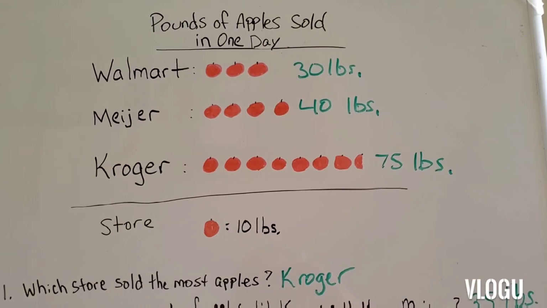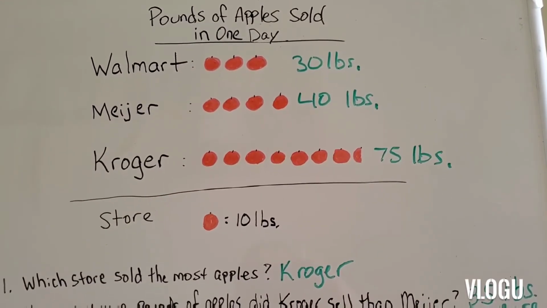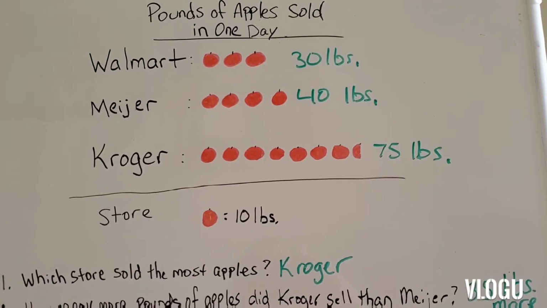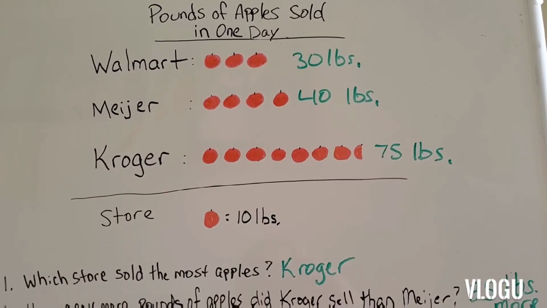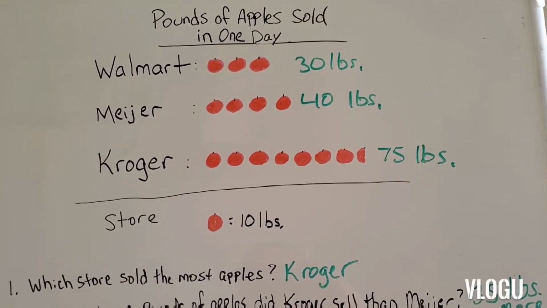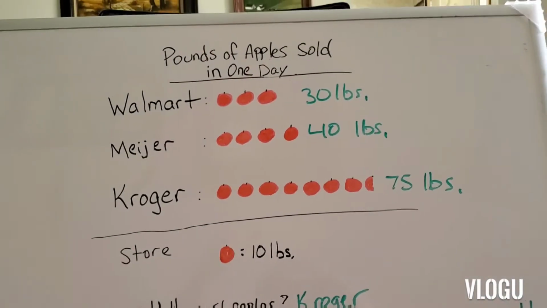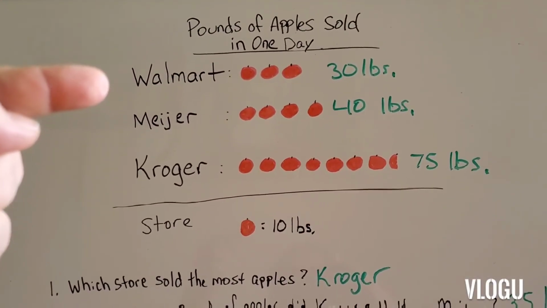If not, when it says pounds of apples, I guess you could look at it and without a key interpret that as each apple is worth 1 pound. But that isn't necessarily true. If you create a pictograph, you have to have a key that tells us what this graph is showing. So it's a title.